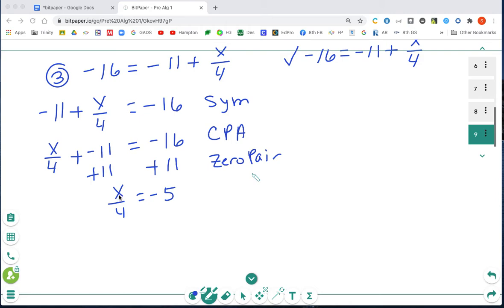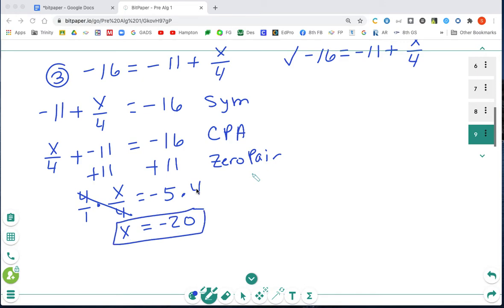What math operation is this? It's division. What's the opposite of dividing by 4? Multiplying by 4. Brother-sister rule, multiply by 4 over 1 because this is a fraction, and multiply by 4 on the other side. The 4's cancel out. X is equal to -20.